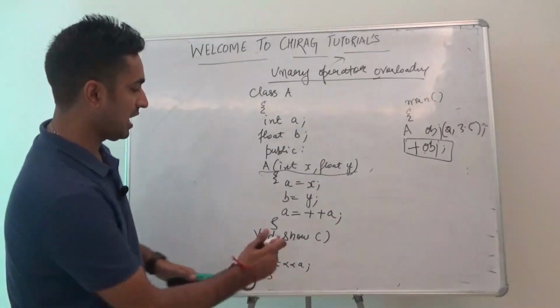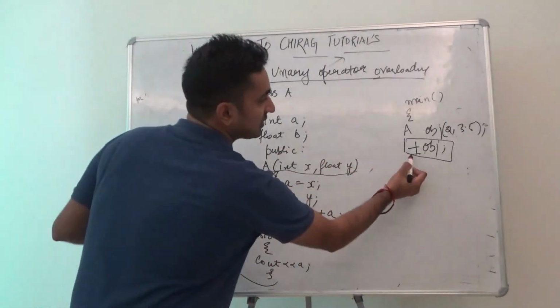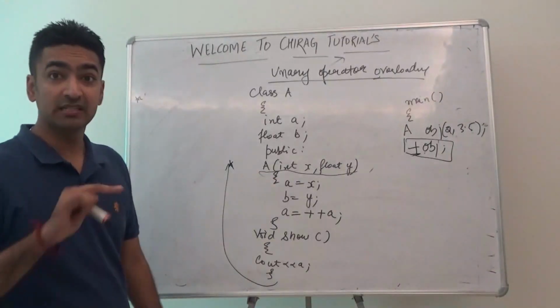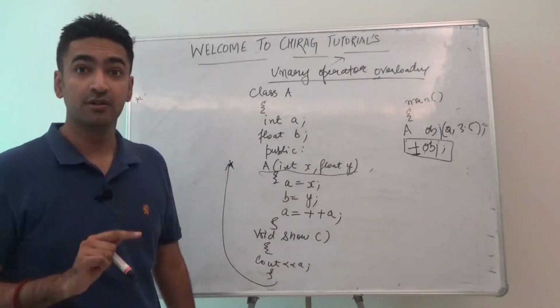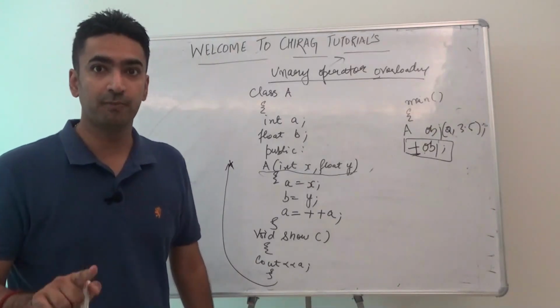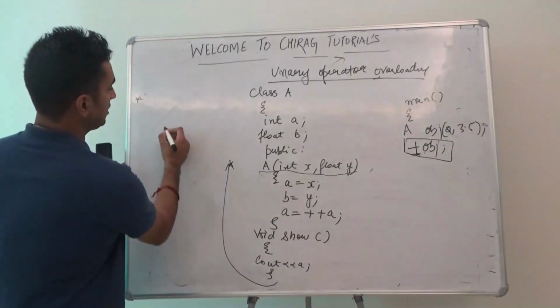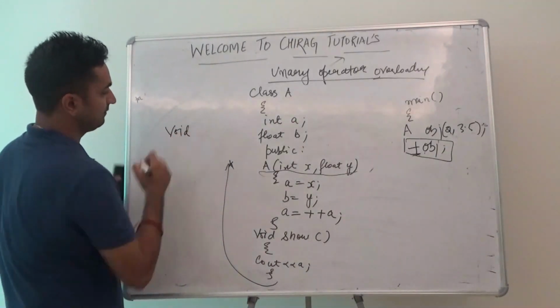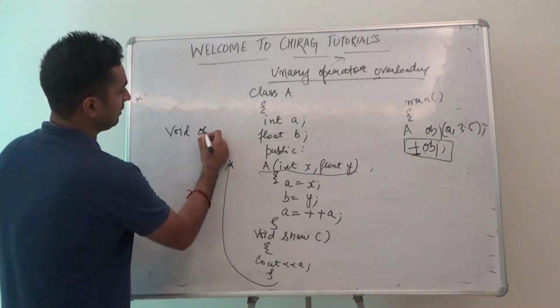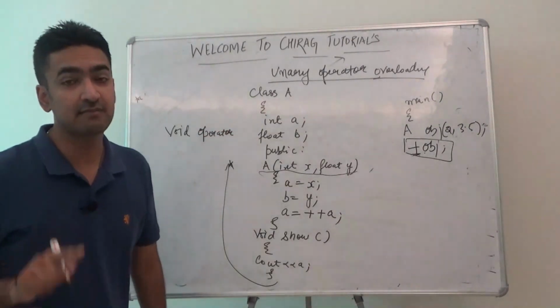So when a value is not returned, I've just written plus obj. That means I will use a function, since plus is an operator which is applied on the object. So plus would be the name of the operator function. Since it does not return any value, I'll just write void operator plus inside the class, guys, as a member function.